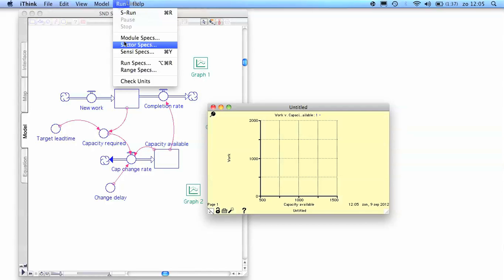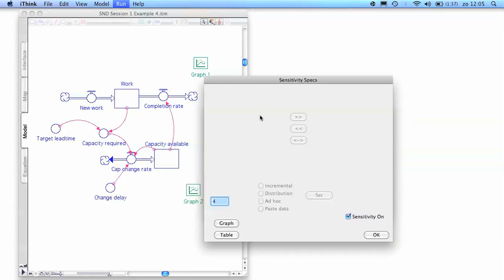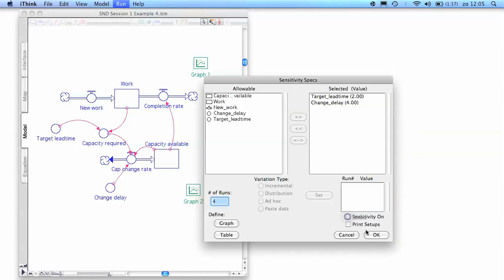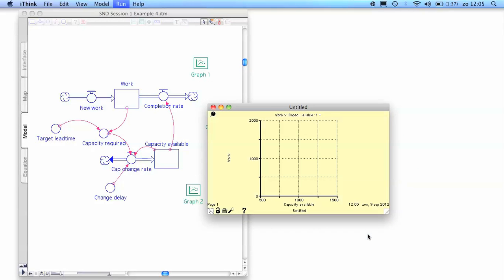Now, if I turn off the sensitivity analysis here, because that will slow us down, this is what I get.